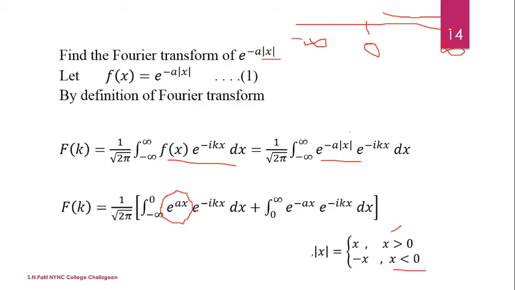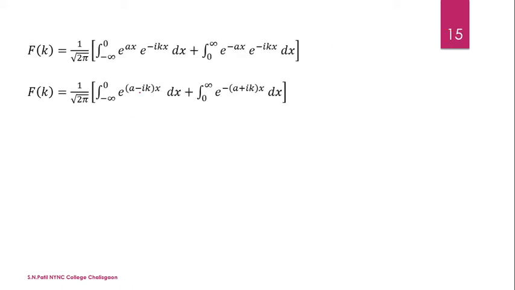Now since the base is the same, we add the powers. Similarly here the base is the same, add the powers. Then we get the powers as a minus ik in the first, and here the minus sign is common, in bracket a plus ik.